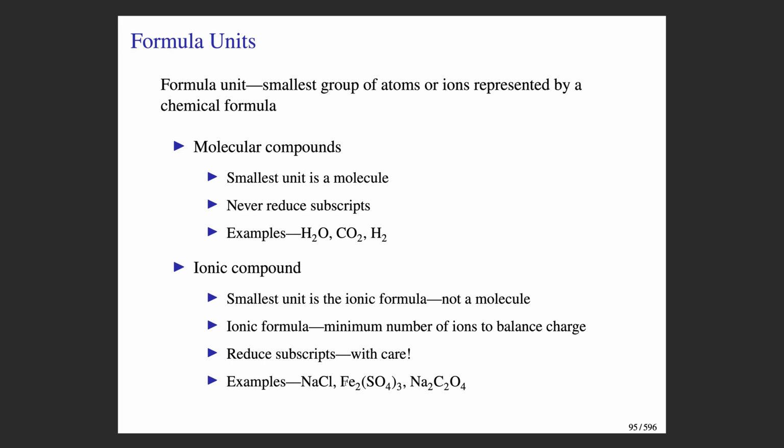So you have an object that's got a +3 charge and an object that has a -2 charge. Well, you're going to need two +3s and three -2s in order to balance the charge. And so that's why the formula unit for iron(III) sulfate has these particular subscripts.